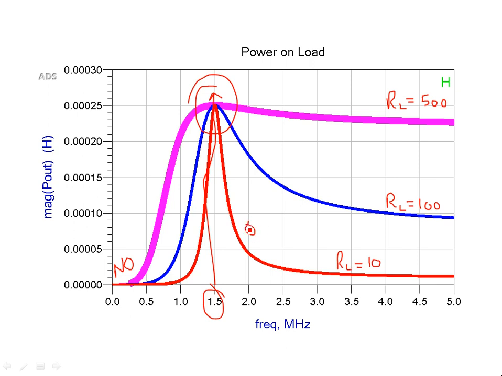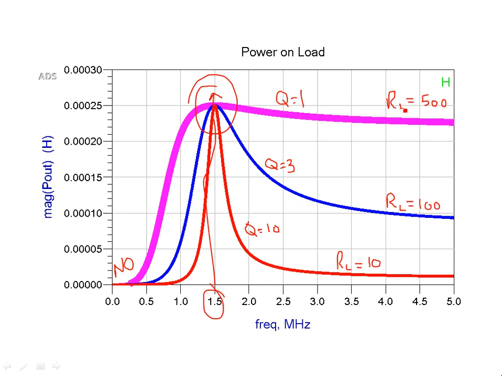The Q for this is about 10. For the blue curve we have Q equal to 3, and for the pink curve we have Q equal to 1. So that's why you have a very wide band match, because 1000 and 500 are close to each other.